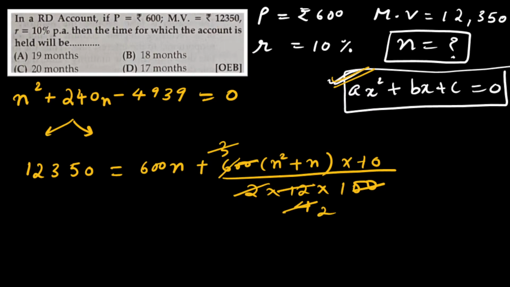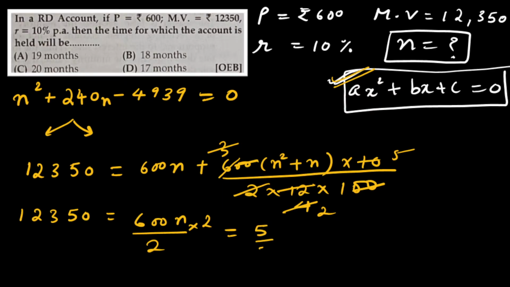So here 2, here 5, 600n. So by 2 we have done here: 5 by 2 n square plus 5 by 2 n.